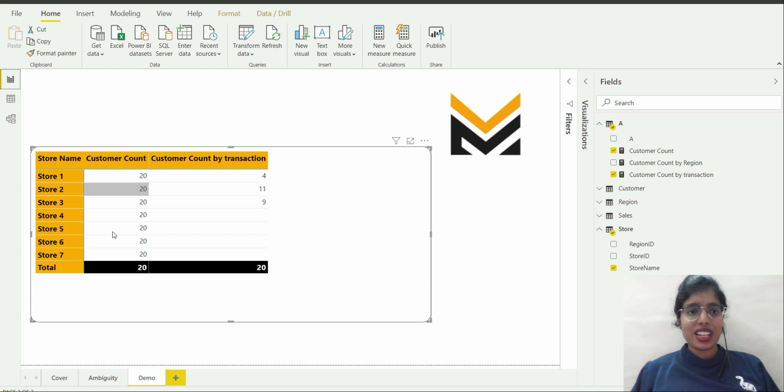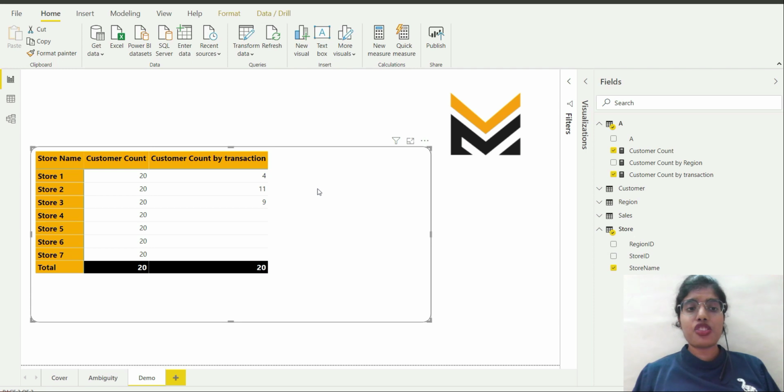In this particular case, the filter context between store name and customer count is going to break. I'm having 20 in all these rows because the store will not be able to filter customer count in this case. But I am getting the same answer in customer count by transaction.